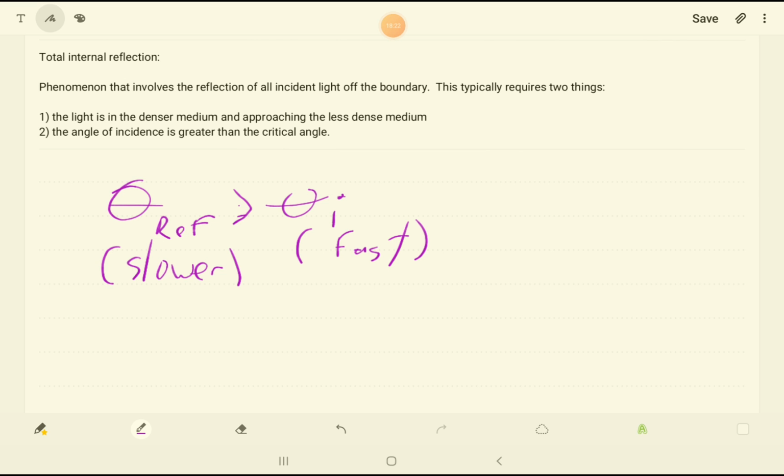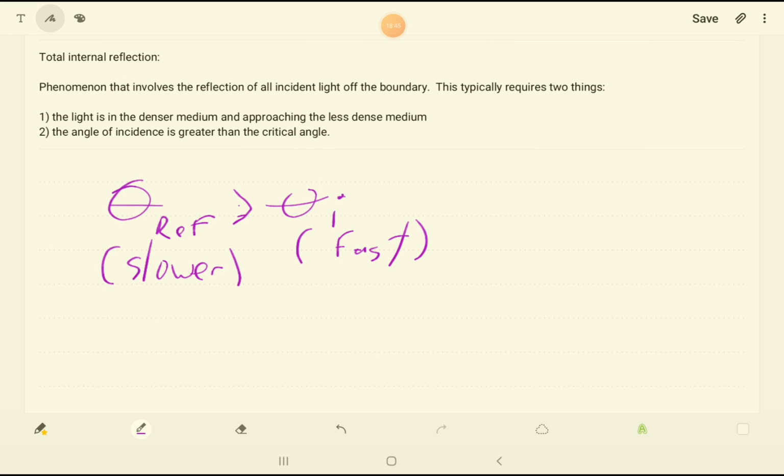One is that the light ray, that is the source of the incident ray, is going from the denser medium and approaching the less dense medium, or the slower medium to the faster medium. And the second condition that would typically cause your total internal reflection would be that the angle of incidence is greater than the critical angle.